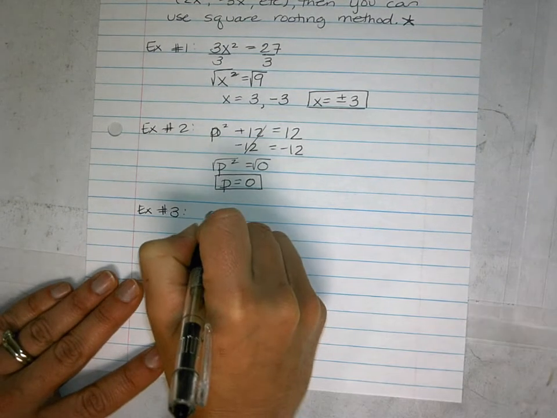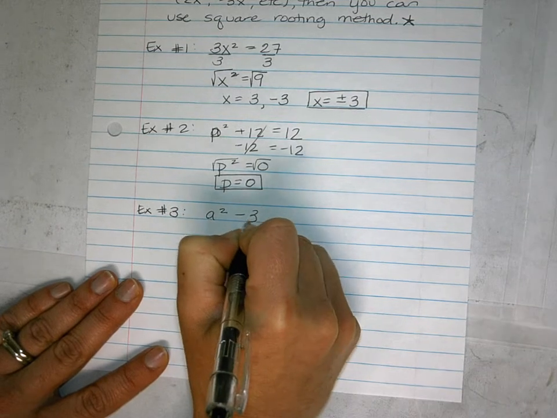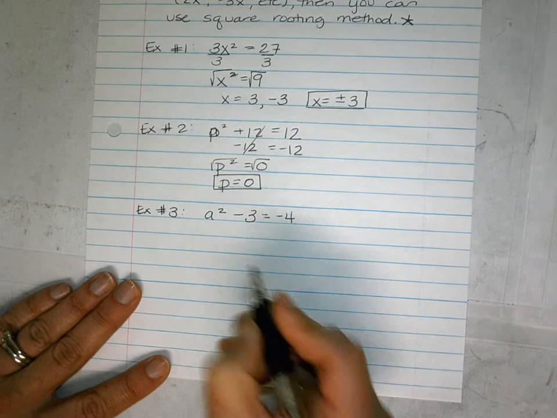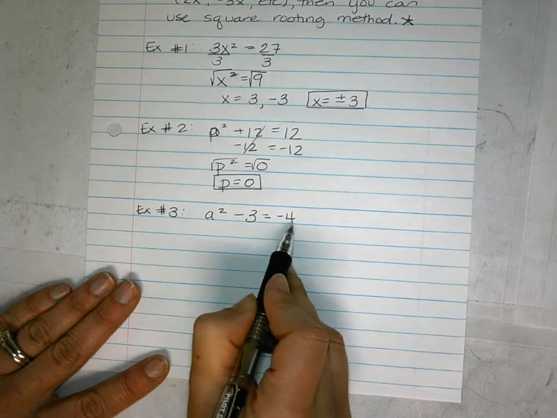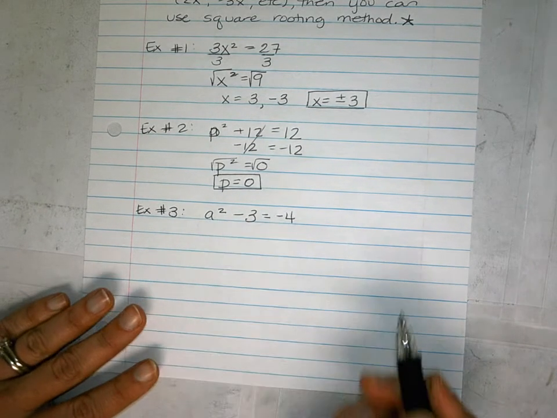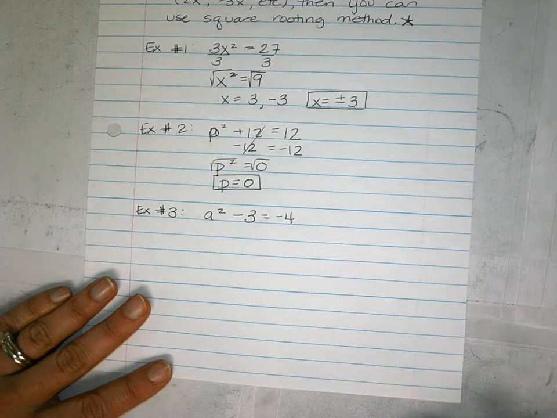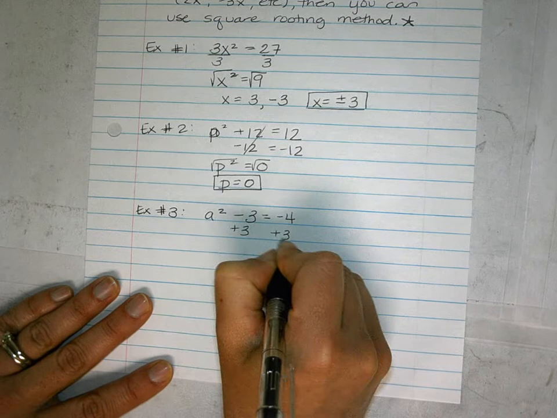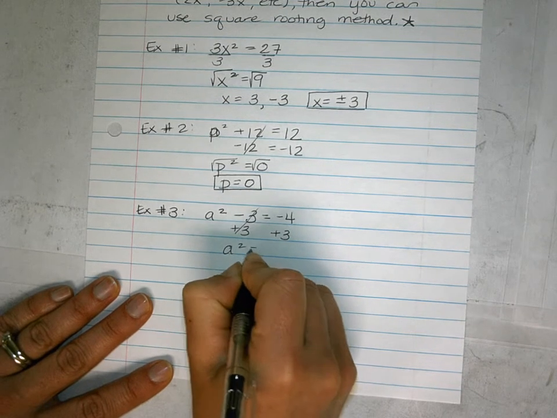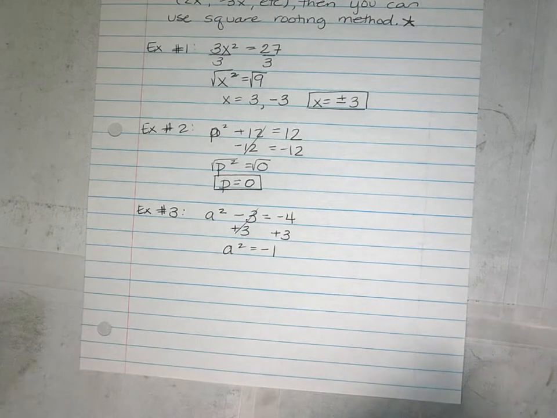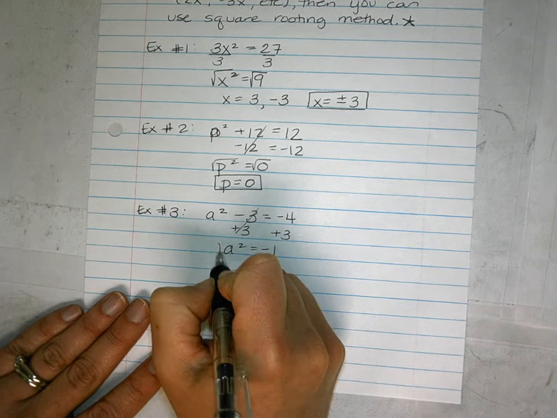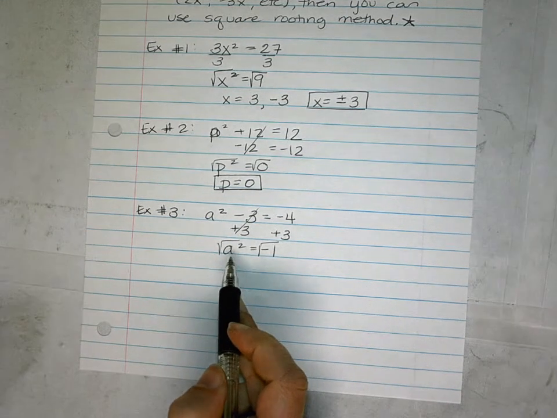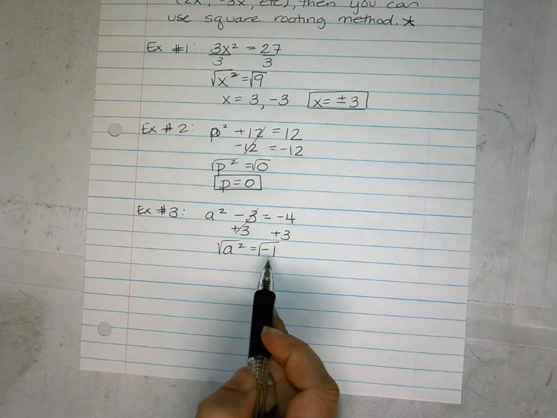Example number 3: a squared minus 3 equals negative 4. Again, isolate our a squared. Do you see we have no middle term here? We have no plain x's. So this is one where we would not try to factor. We're going to add 3 to both sides. We get a squared equals negative 1. When we take the square root of both sides, the question becomes, what number times itself equals negative 1?